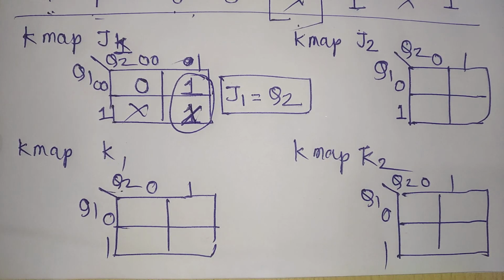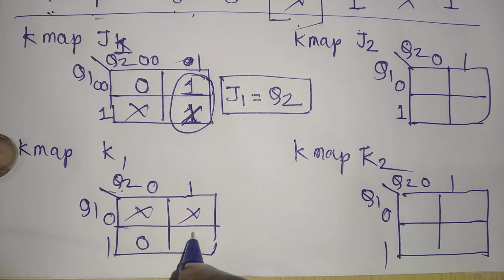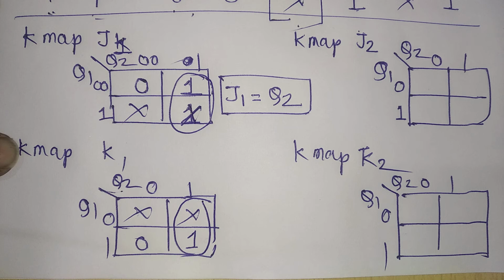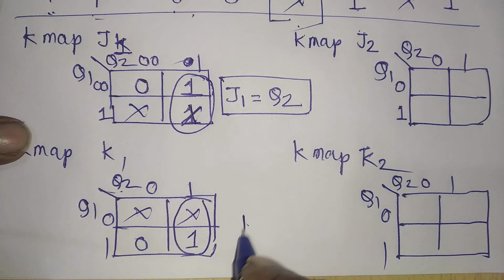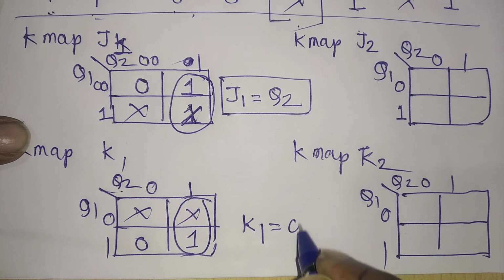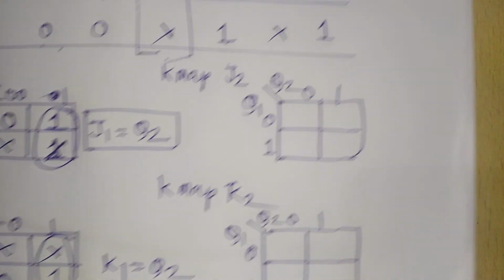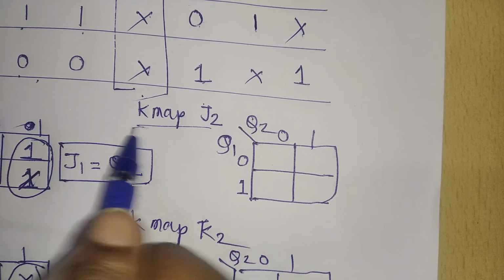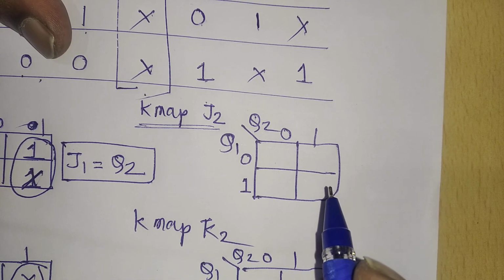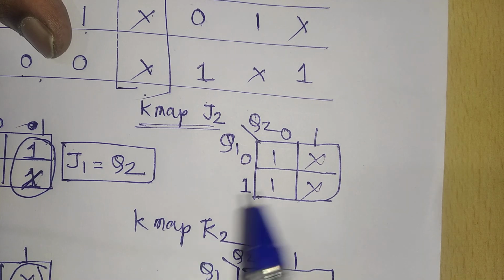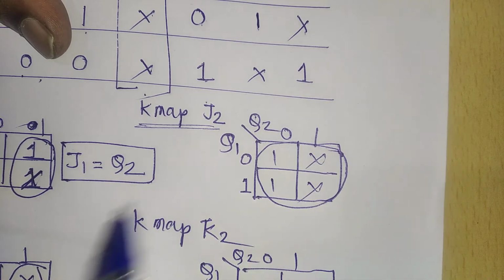Similarly for K1, I am directly filling the values: don't care, 0, don't care, 1. You can pair these cells. The equation for K1 is also Q2. Now for J2, we have 1, don't care and 1, don't care. So you can make a group of these four adjacent cells.